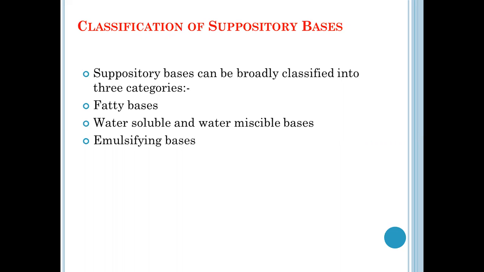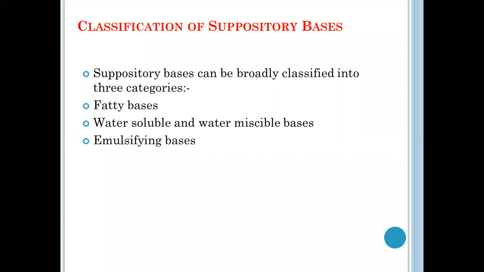The next one, emulsified theobroma oil, is also used under the fatty bases. Hydrogenated oil is also used; it has water absorbing capacity, which is why it is used as a fatty base. Hydrogenated oil is obtained from vegetables such as arachis oil, cottonseed oil and coconut oil.